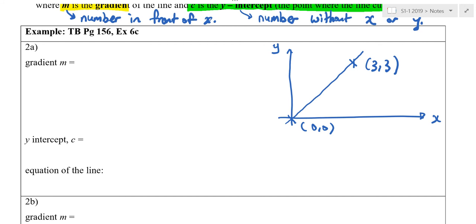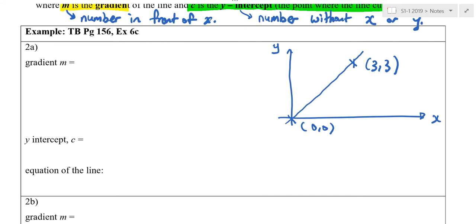Can you try now and tell me the gradient? You can refer to your textbook. What's your gradient? 3 over 3.